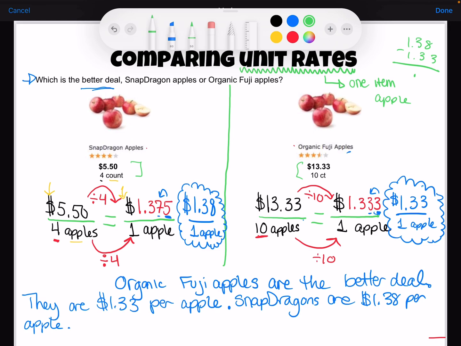Subtract 8 minus 3 is 5. 3 minus 3 is 0. 1 minus 1 is 0. So we can even say that the Fujis are 5 cents cheaper. So I then not only compare the price of the two of them, but I subtract out to find how much cheaper it is.